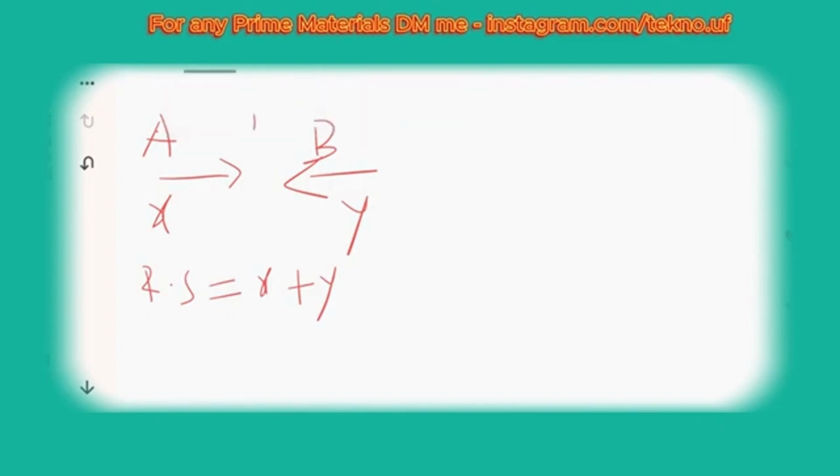The second case is if they are running in the same direction. That means A is running in this direction with the speed of x kilometer per hour and B is running in the same direction at y kilometer per hour.